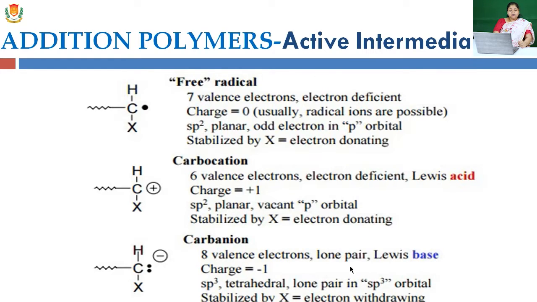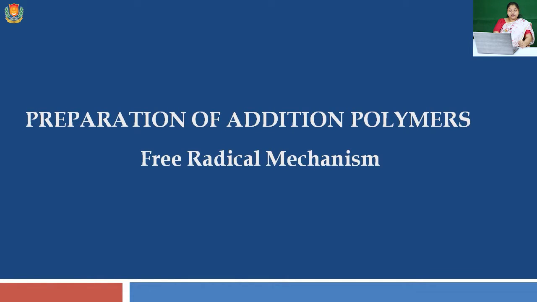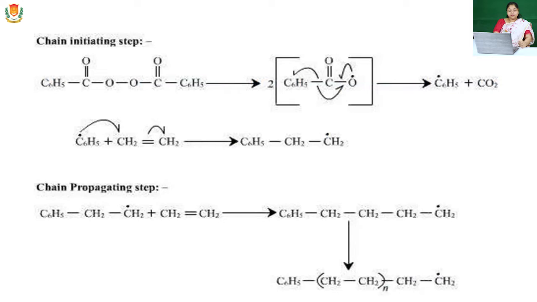They are planar, have sp2 hybridization, and are stabilized by electron donation. Whereas carbanions have a -1 charge and are normally Lewis bases with a lone pair on them. They possess an sp3 tetrahedral structure and are stabilized by electron withdrawing groups.